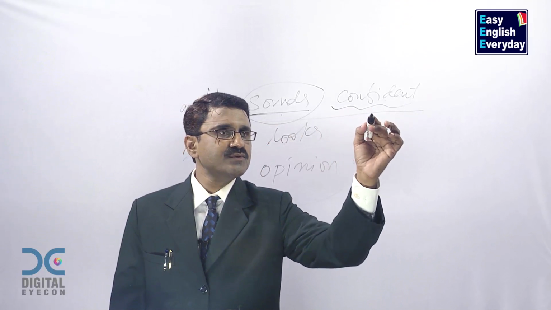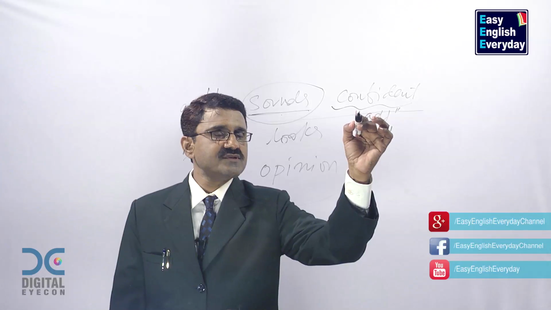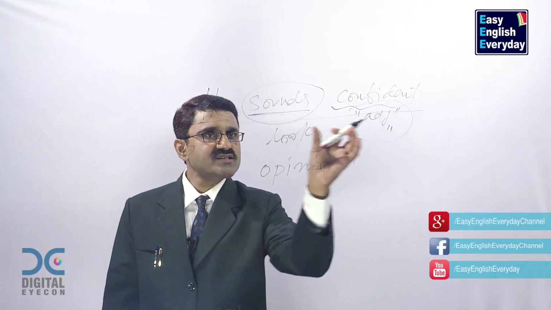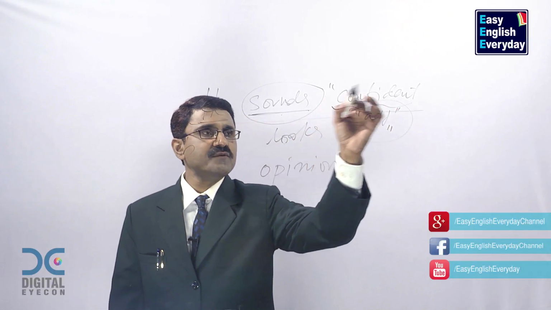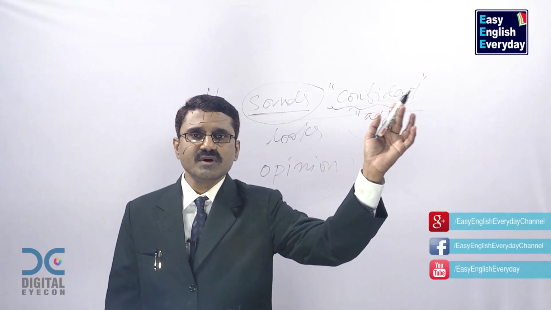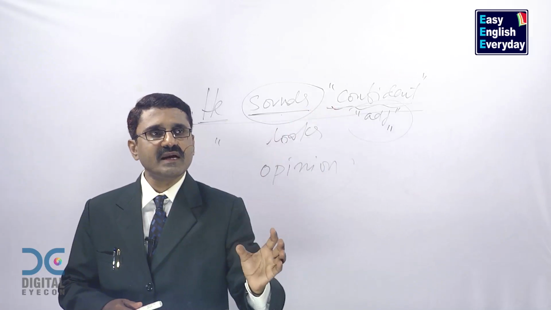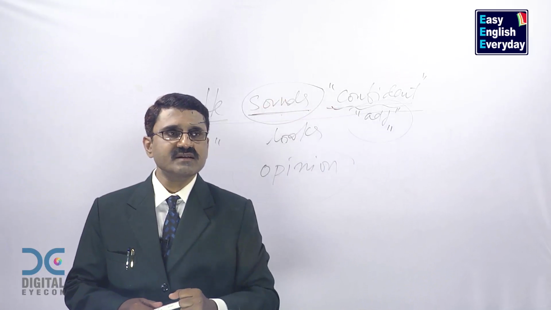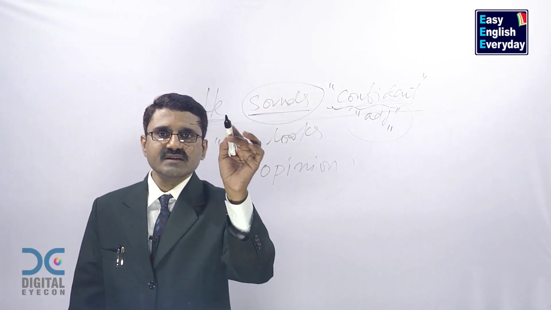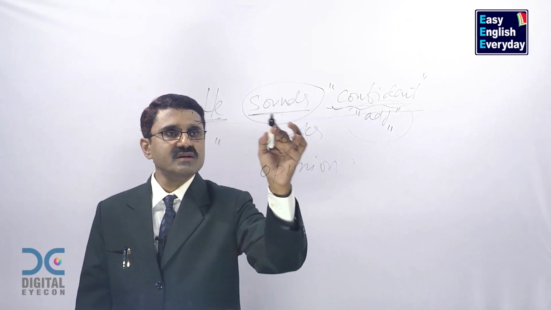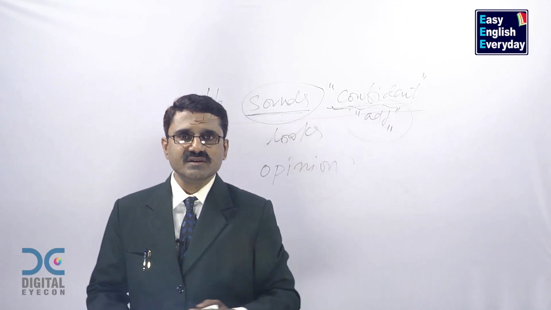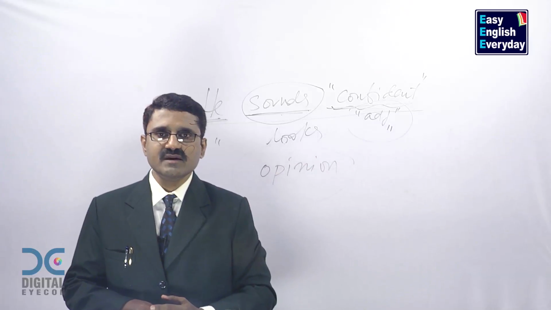Then here you need adjectives because you are describing the matter. So you need a good number of adjectives. If you have a good number of adjectives in your vocabulary, then you can make sentences easily by taking a subject, verb and adjective. I'll tell you how to make examples now.